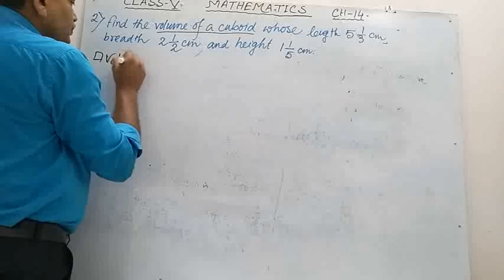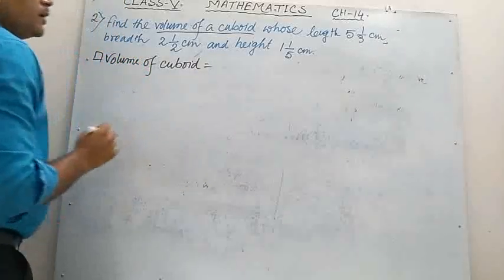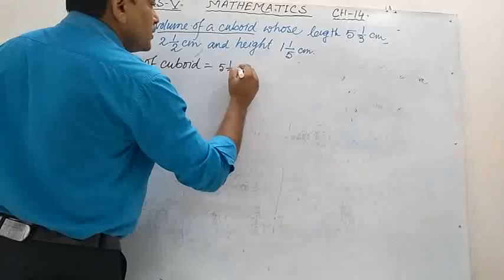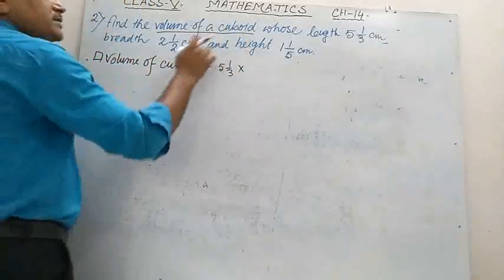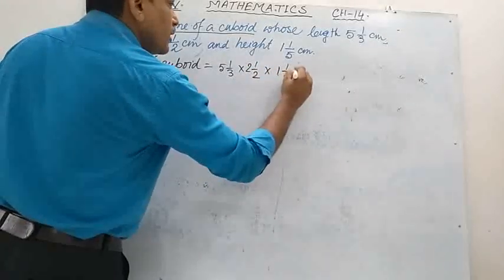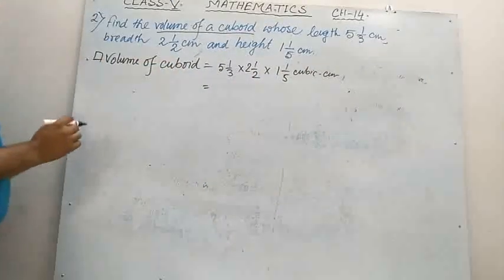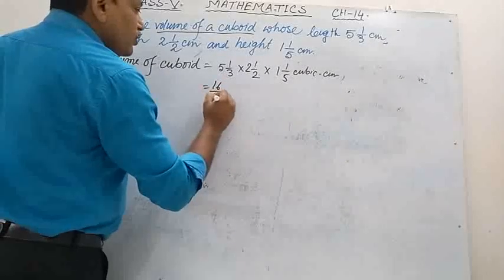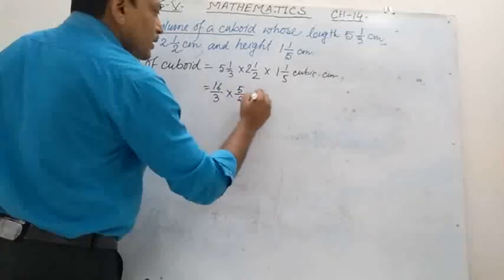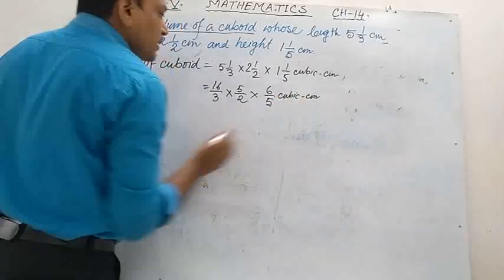So, volume of cuboid equals length, that is 5 wholes 1/3, into breadth, 2 wholes 1/2, into 1 whole 1/5 cubic centimeter, which equals 16/3 into 5/2 into 6/5 cubic centimeter.